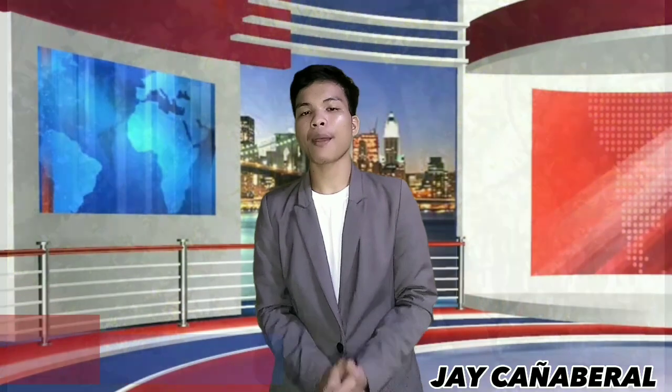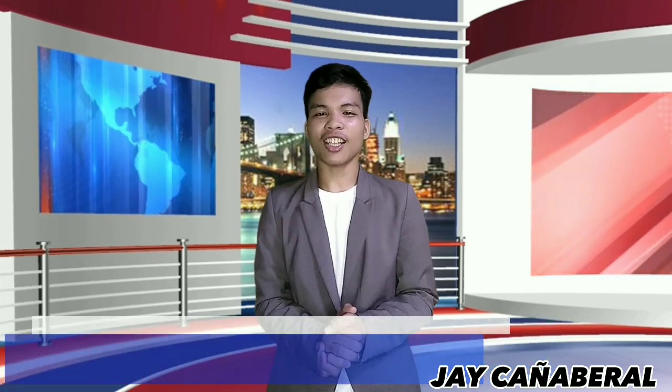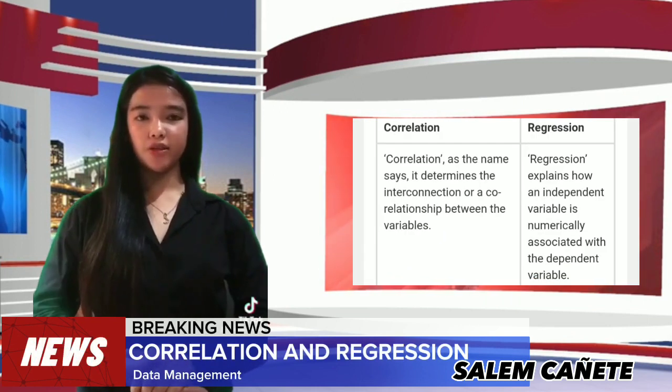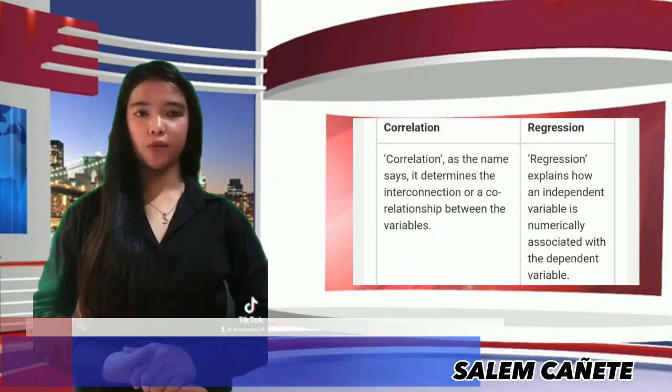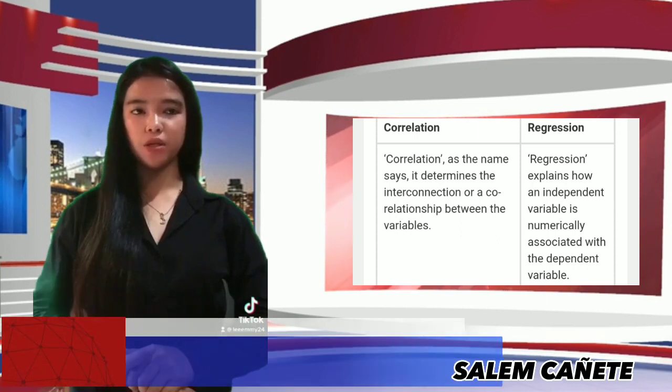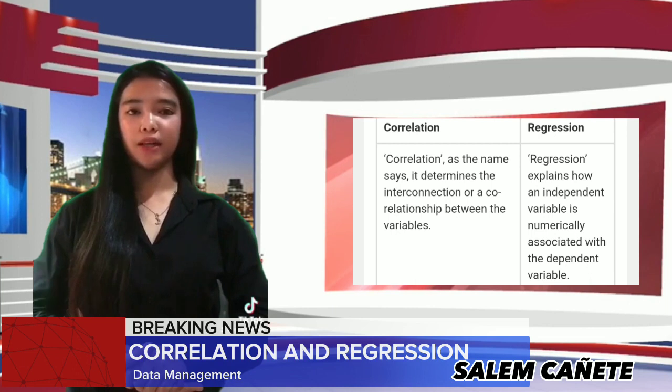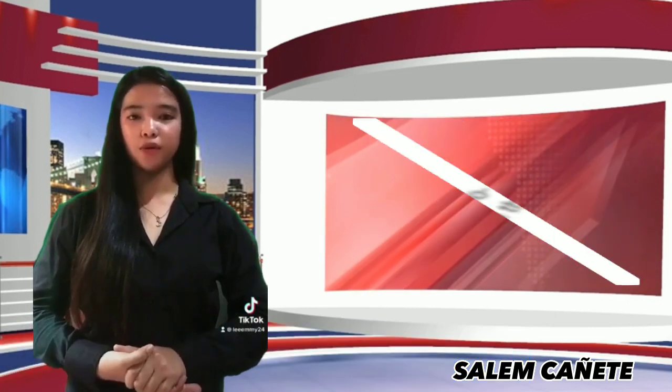J. After knowing the linear regression and correlation, let's talk about their differences. Salam Kunyati on the line. Correlation, as the name says, determines the interconnection or a relationship between the variables. Regression explains how an independent variable is numerically associated with a dependent variable.